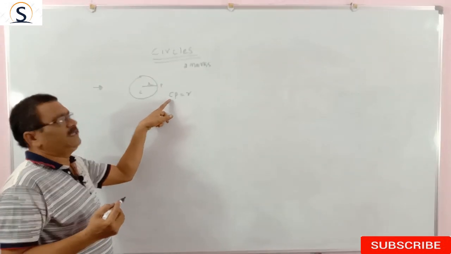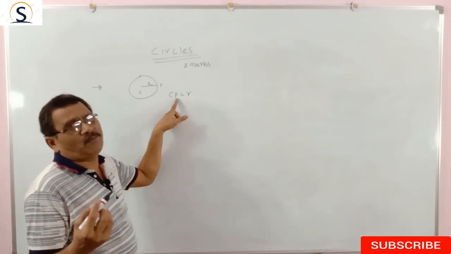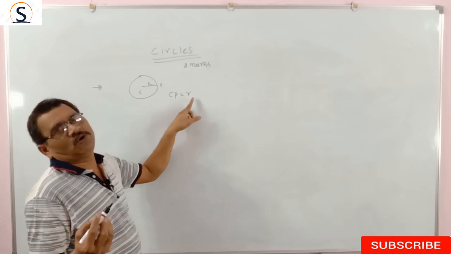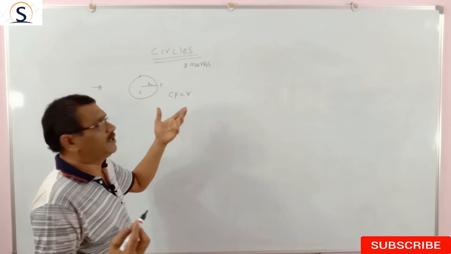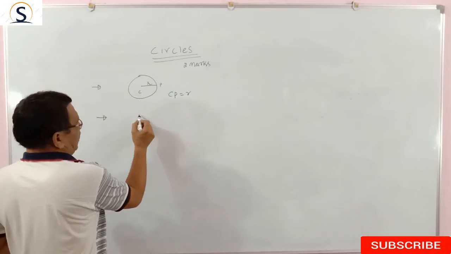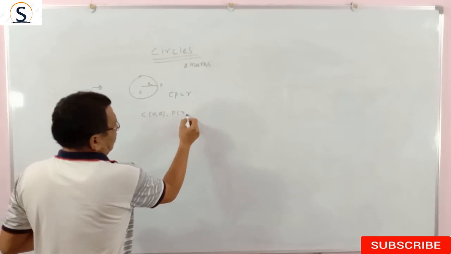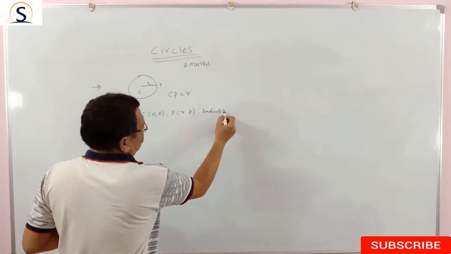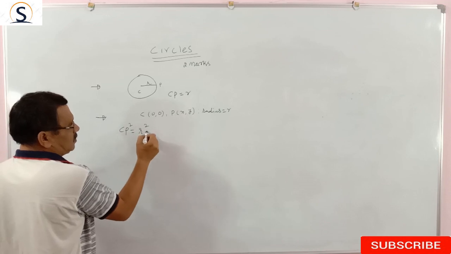Suppose you take the center C as some coordinates and P is a random point (x, y). Then the distance from C to P is equal to R, or CP square is equal to R square, and you get the circle equation. So this is the definition of the circle. Now in the next case, I will take C as (0, 0) and P as (x, y). The radius is equal to small r, then CP square is equal to r square.